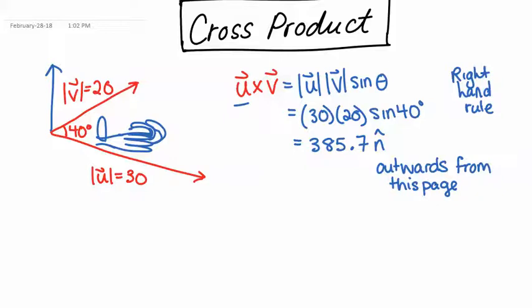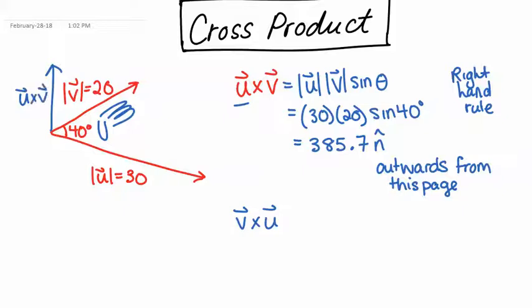Whereas if we had done vector v cross vector u, and you used your right-hand rule, pointing your fingers in the direction of vector v and curling them around, you'd notice that your thumb points down. So this vector would be u cross v, and this vector pointing down would be v cross u.